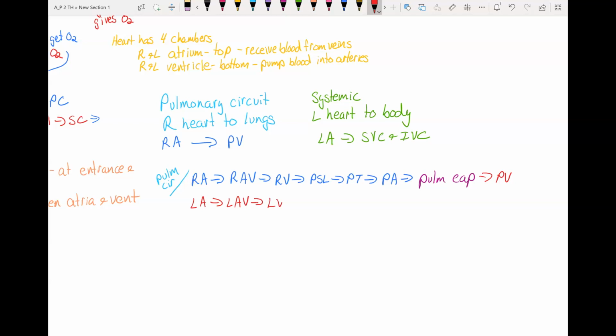Then we go into the left ventricle, which pumps that blood through the aortic semilunar valve into the aorta. The aorta branches to go all over your body, so those are systemic arteries, all those branches. Then we go into the systemic capillaries, where you give oxygen to your cells.